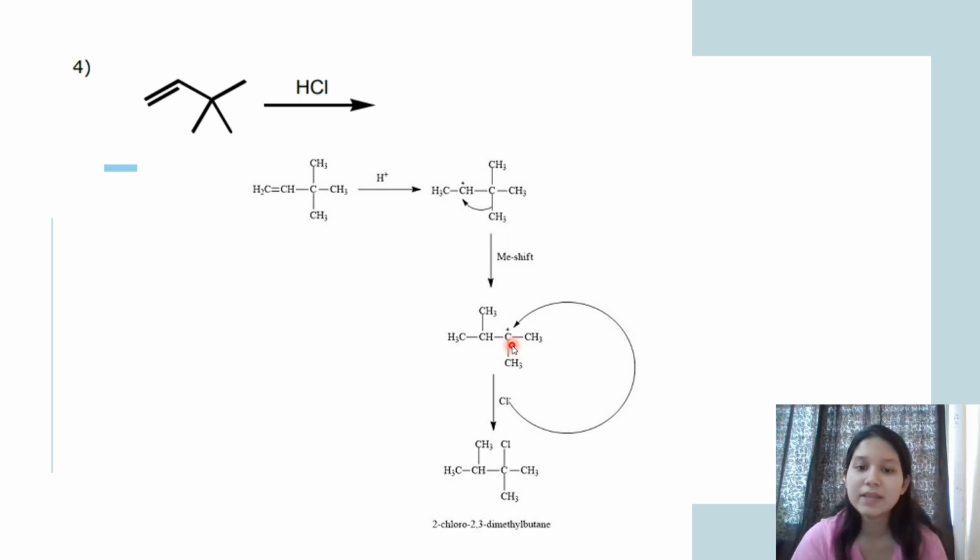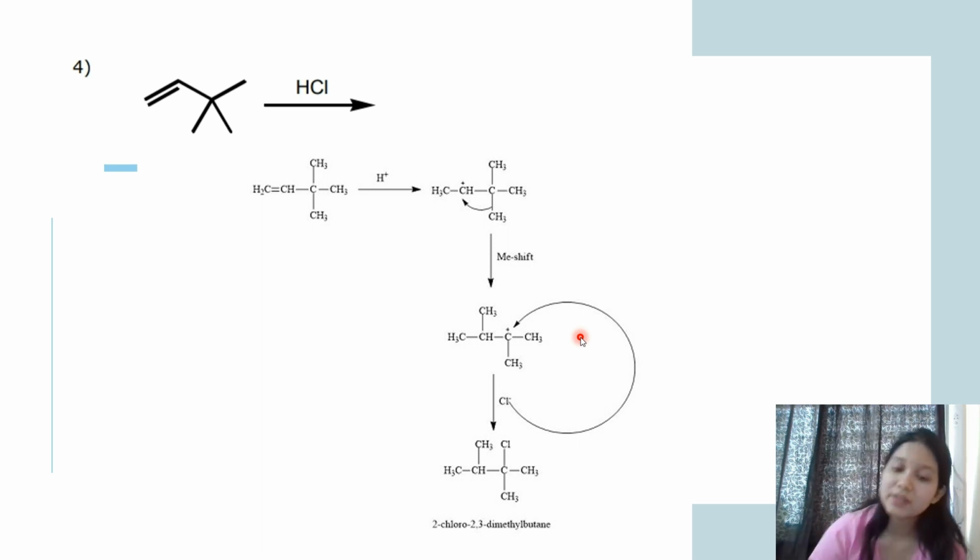Because just like that, you cannot break a carbon-carbon bond. It is very strong. So the driving force is definitely getting a more stable carbocation, because lastly you are getting a tertiary carbocation. So always remember, if you have a chance of getting a more stable carbocation in the reaction sequence, then always go for that pathway and form the most stable carbocation as the reactive intermediate.